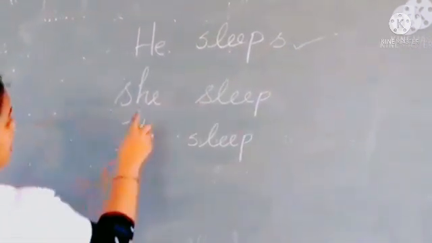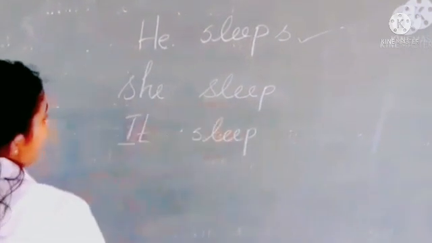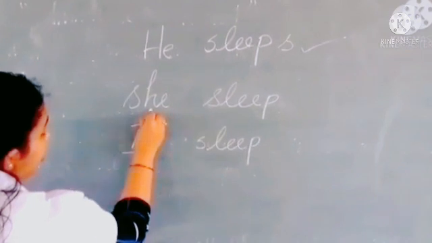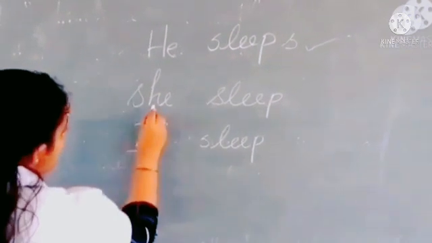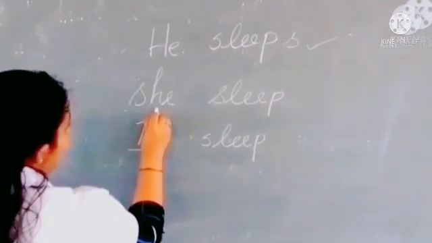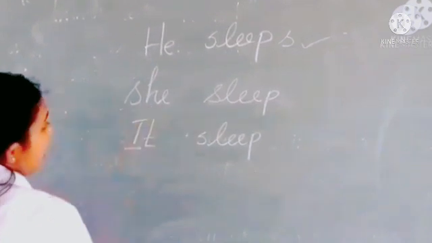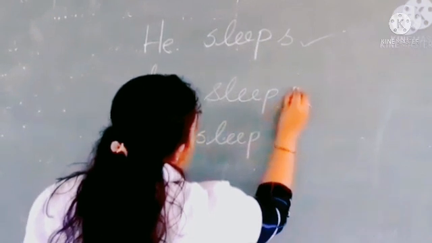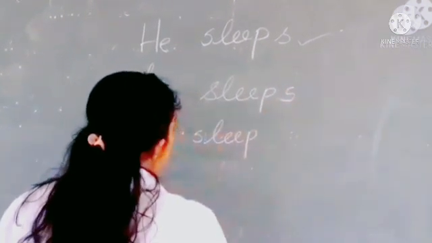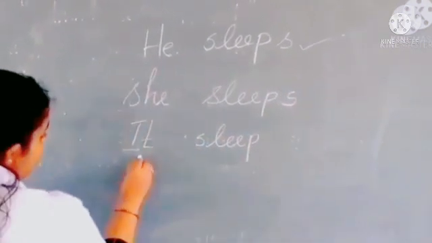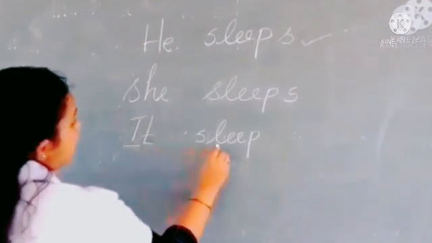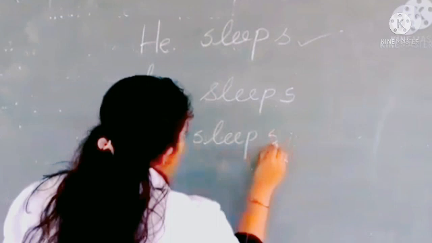And the next one, she sleeps. Here which is the pronoun? She is the pronoun. It is singular or plural? This is singular. So with the singular pronoun, we can add s or es with the verb. So here we can add s, sleeps. And the next one, eat. It is a singular pronoun. So with the verb, we can use s.